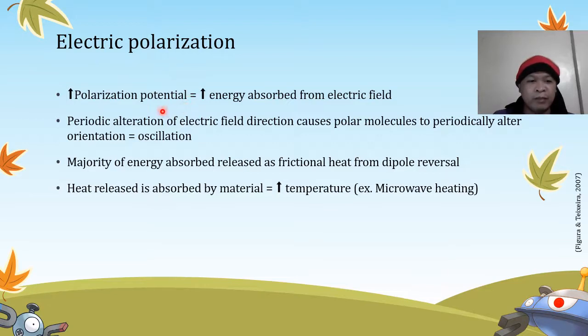Okay, so let's look at how that plays out. If you have a higher polarization potential as a material, you will absorb more amounts of energy from exposure to an electric field. And if that electric field oscillates or alternates periodically, the molecule will also oscillate.